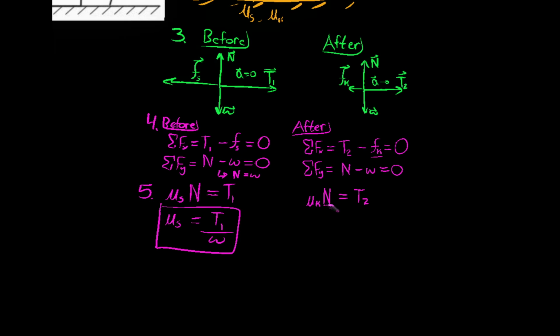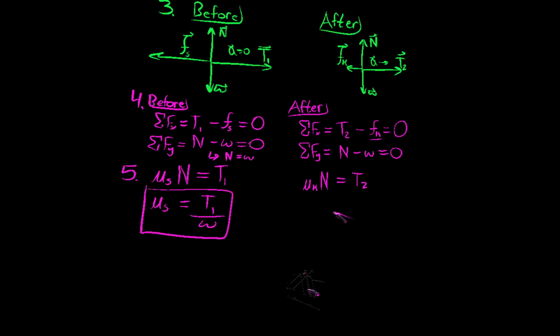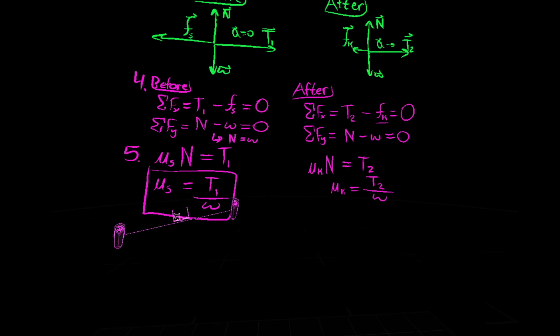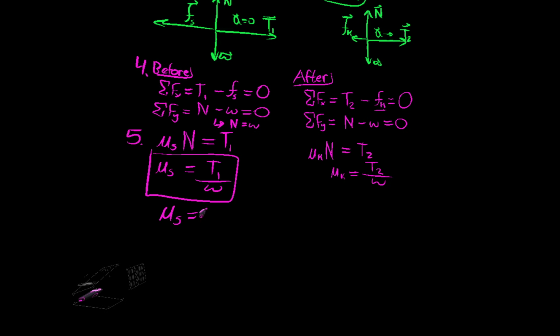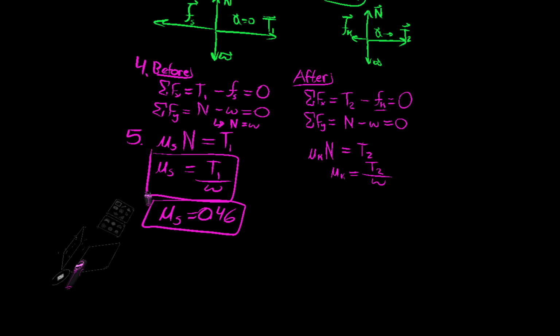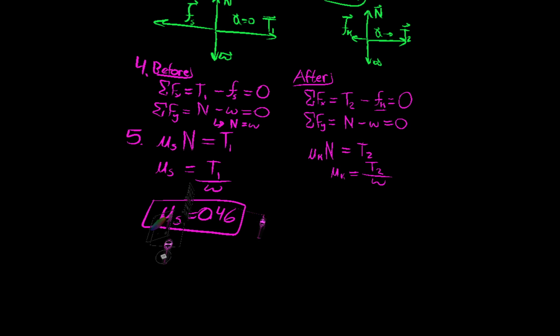So we have mu sub k times n is equal to T2. So we also, again, have that. And again, the normal force has not changed, right? So that's mu sub k is equal to T2 over the weight. And you can compute that if you want. I'll write out the answers here. 0.46 is mu sub s. 0.46 is a unitless number because, remember, you're dividing newtons by newtons here.